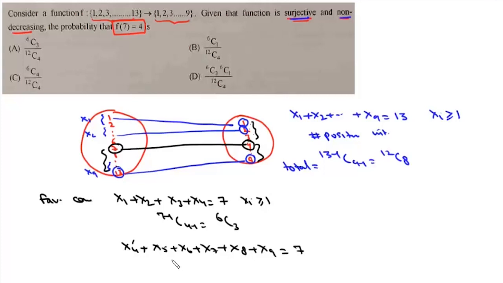Now again, the number of positive integral solutions will be 7 minus 1 C 6 minus 1, which is 6C5 or 6C1. So this required probability will be 6C3 into 6C1 upon 12C8, and that's your option D.